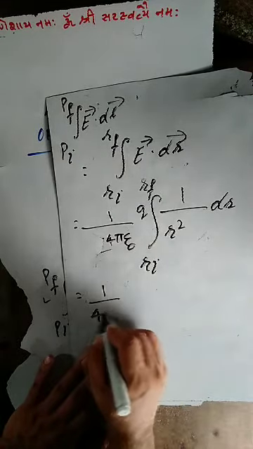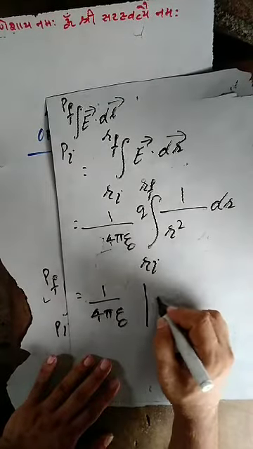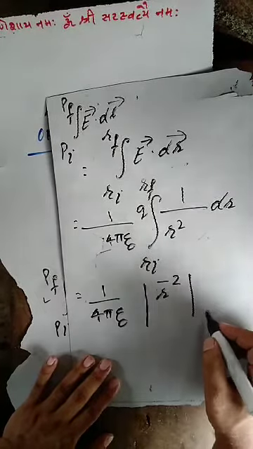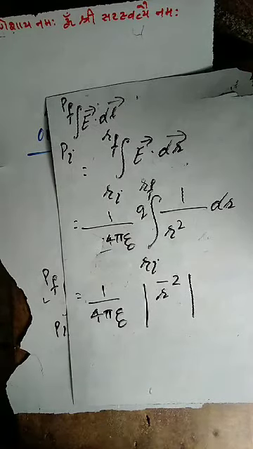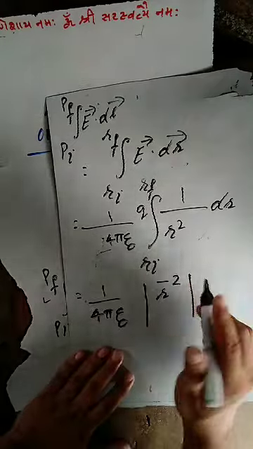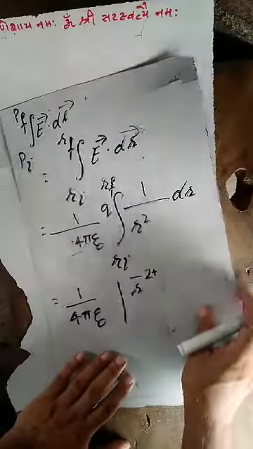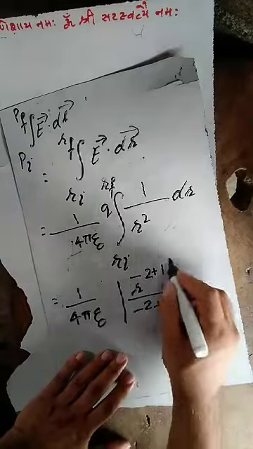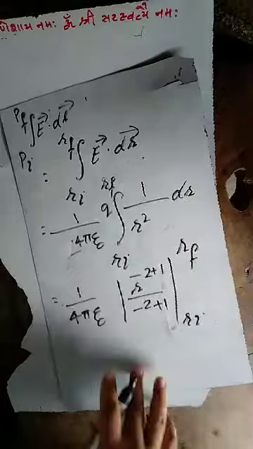So 1 by 4 pi epsilon naught, here R to the power minus 2, and R to the power minus 2 plus 1, between Ri and Rf. You know the integration.